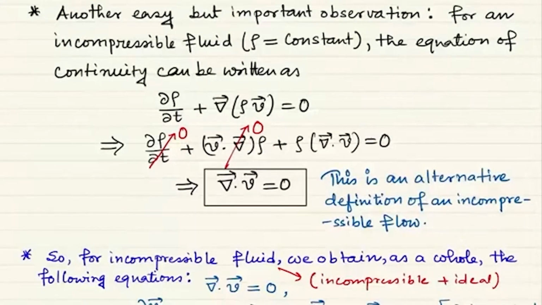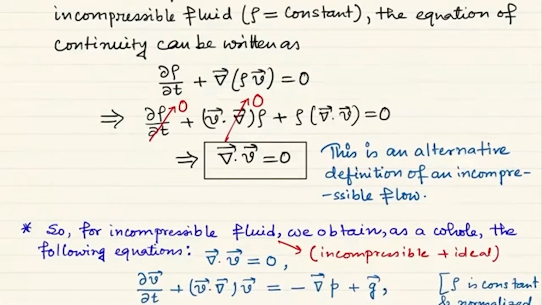Another easy but important observation is that for an incompressible fluid, where rho is constant, the equation of continuity can be written in a very simple form. Here basically we are trying to show something.